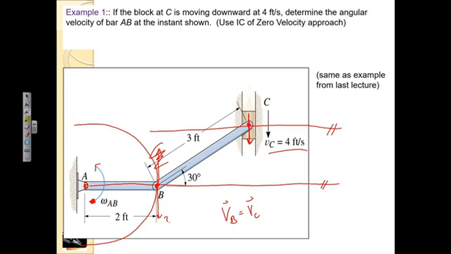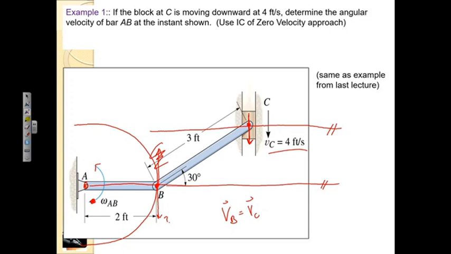I've got B out here, and maybe I've got C up here. So C travels just up and down. It's stuck in that channel. So if C is going up and down, my vector from A to B, B is traveling in a circular path. Its velocity is perpendicular to the circle.